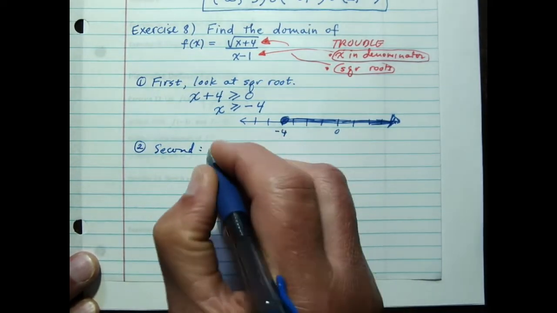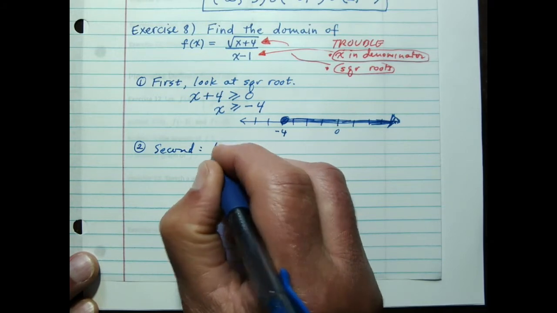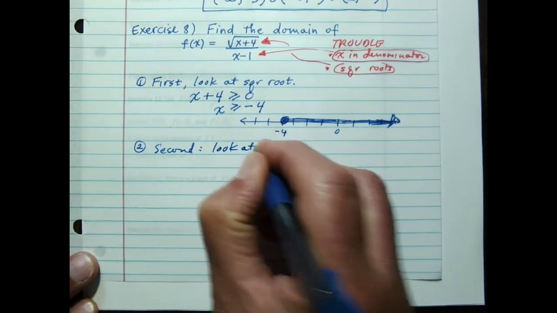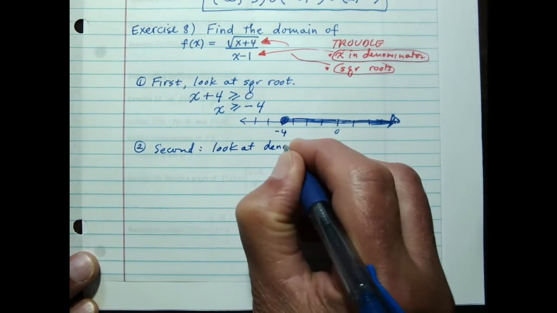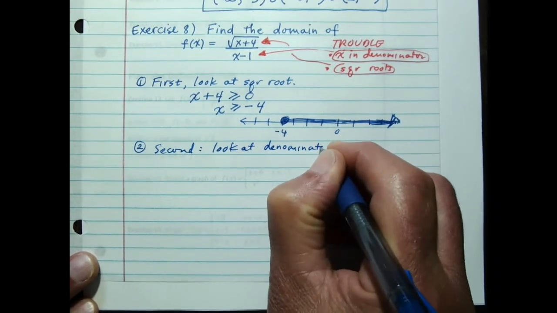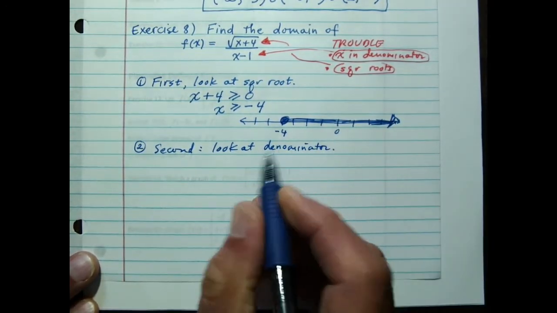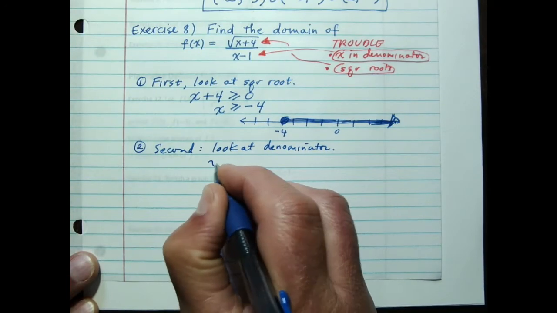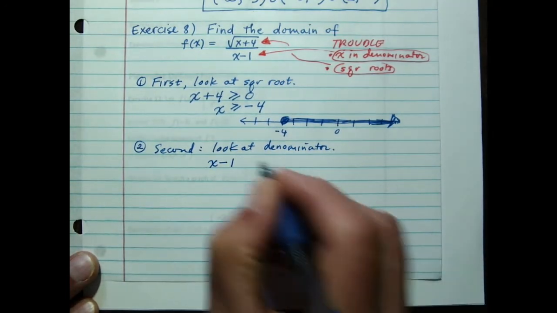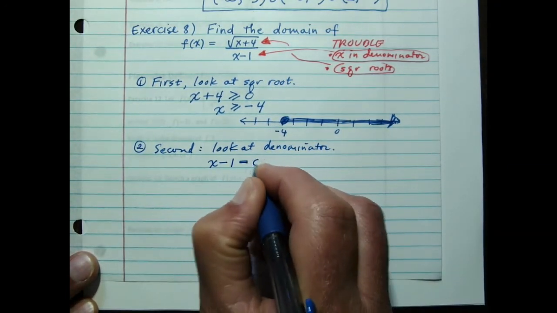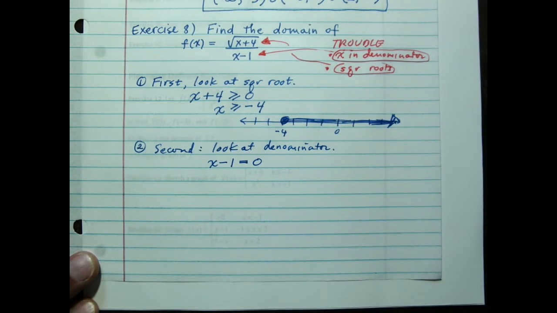I'm not done yet, because second, I have to look at the denominator. And the denominator is x minus 1. We want to know where that denominator is equal to 0.